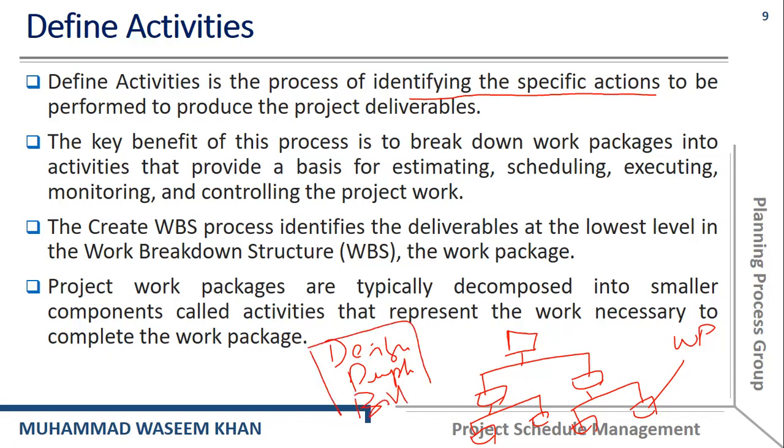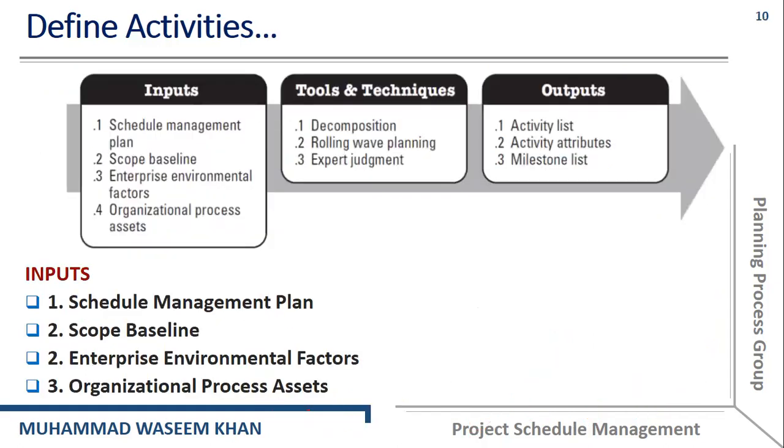Work packages are typically decomposed into smaller components, called activities, that represent the work necessary to complete the work package. As you know, we have discussed all of these topics like the work breakdown structure, the work packages, the control accounts, the activities, etc. in the previous lectures as well.